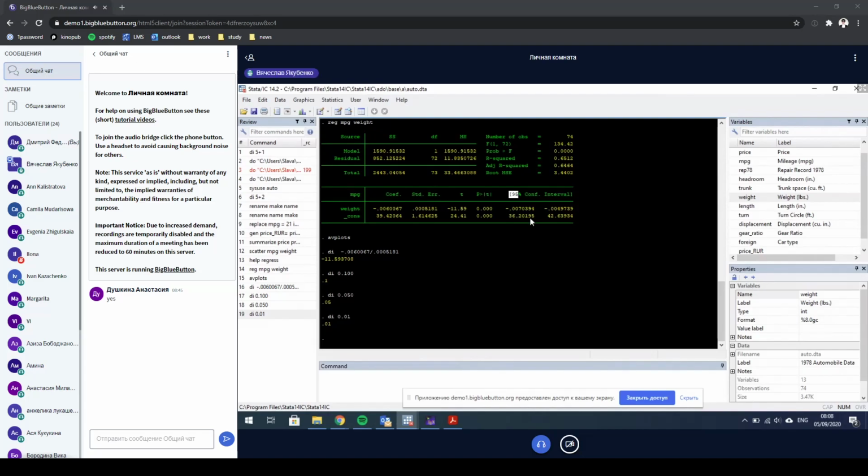So there is some trade-off. And here, for example, you say, I'm 90%, 95% sure that our true beta lies between these two numbers. For example, it might be this coefficient. I believe this is this coefficient. If not, it's something close, something within this range.